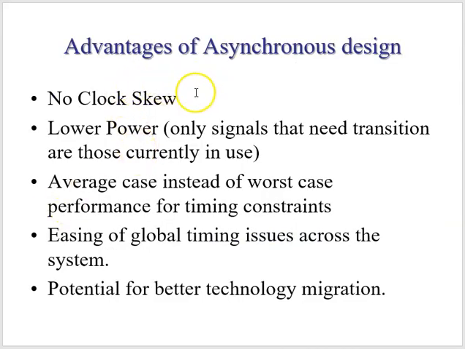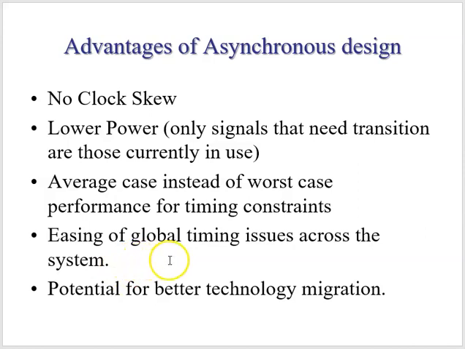The advantages of asynchronous design are that there's no clock skew, which we'll talk about a little bit later, and it requires lower power. Only the signals that need to transition are those that are currently in use, so we don't need to have a clock toggling up and down, which uses a lot of power. Also, the performance for timing constraints tends to be better: it has an average case instead of a worst case that we can use for timing constraints.